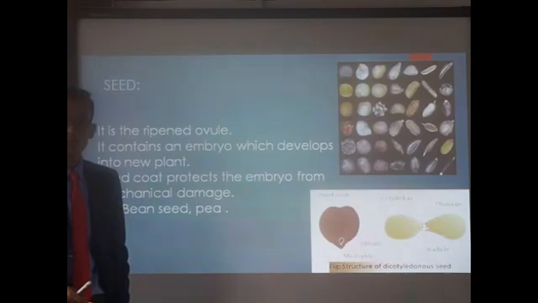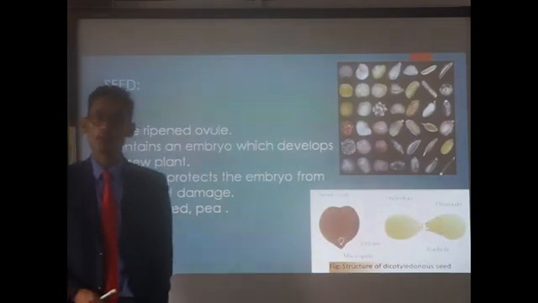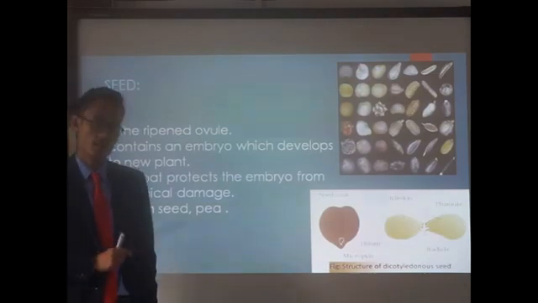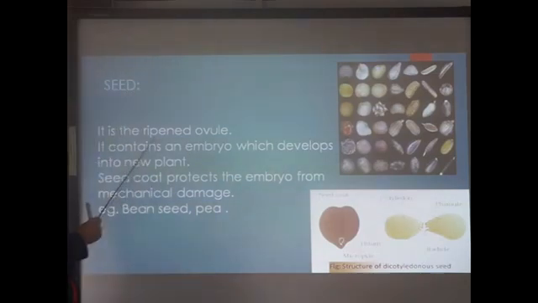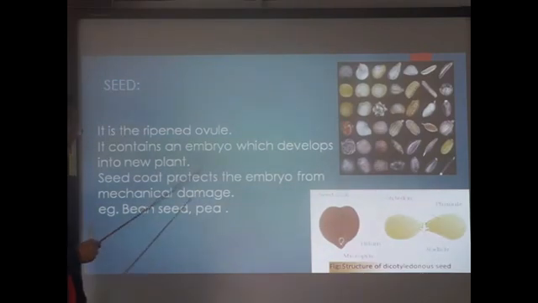Plumule means the future shoot of a plant, and radicle, R-A-D-I-C-L-E, means the future root of a plant. Clear? So a seed is actually a ripened ovule which contains an embryo, and that embryo will germinate into a new plant. Clear? And the seed coat will protect the embryo from mechanical damage.